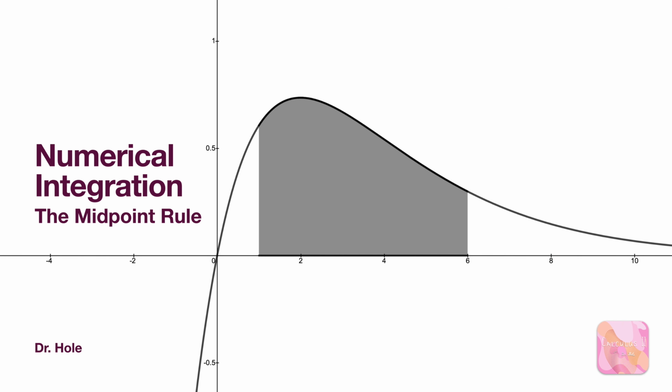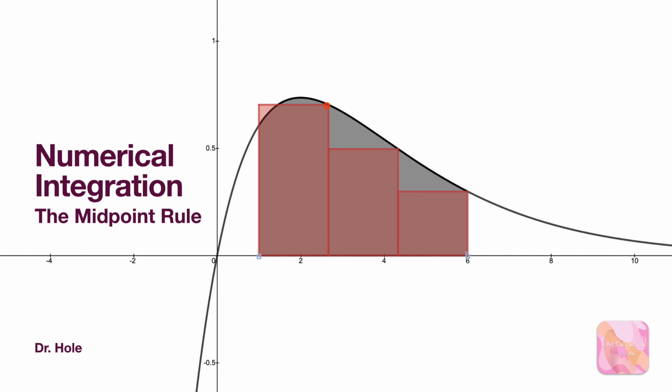Here we are looking at a graph of a function f of x, and a portion beneath the graph has been shaded. Recall that in building the definite integral, we looked at approximating the area using rectangles, where heights of the rectangles, in this case, are produced by looking at left endpoints.